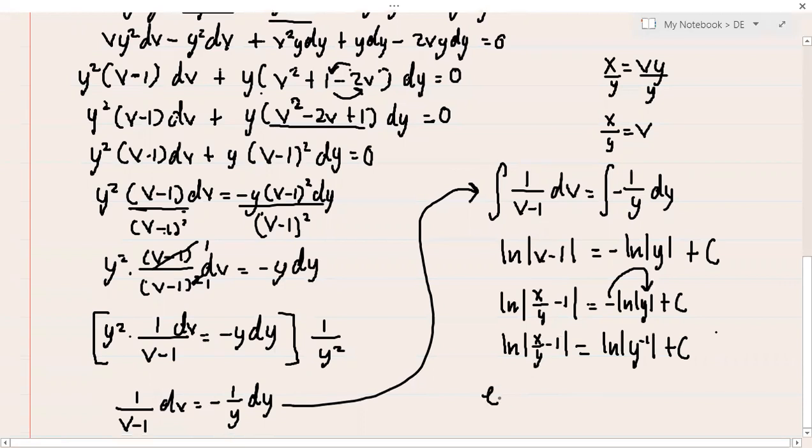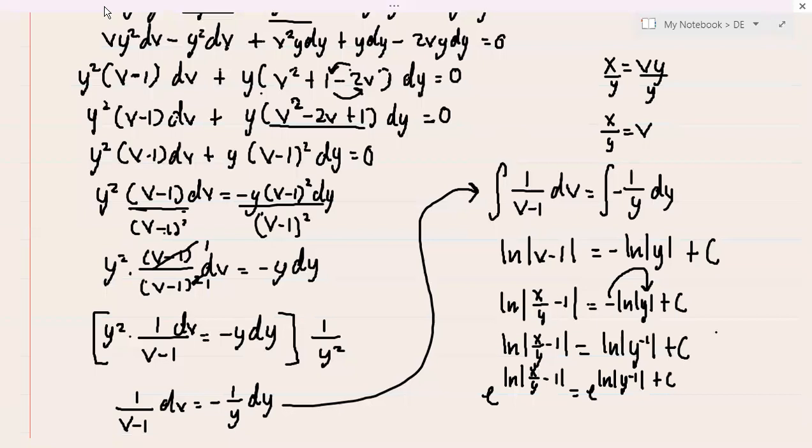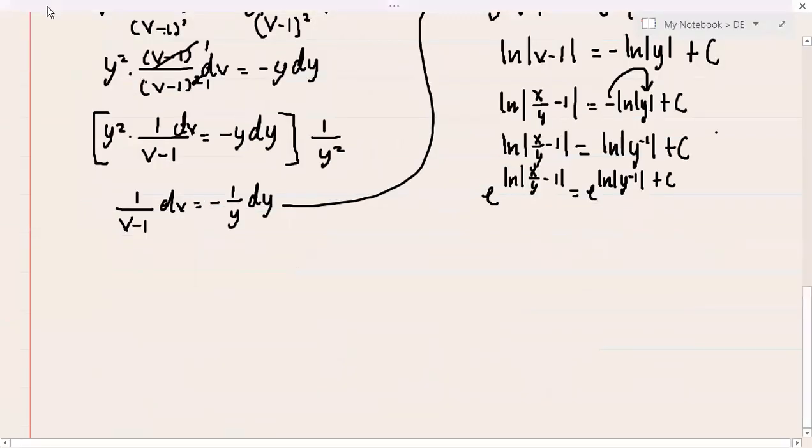Then, ang gawin ko, both sides, gawin ko sila lahat naka-e. Okay? Kumbaga, lahat sila naging exponent ng e. So, this would be e raised to ln of x minus 1 is equal to e raised to ln of y raised to negative 1 plus c. Alright?